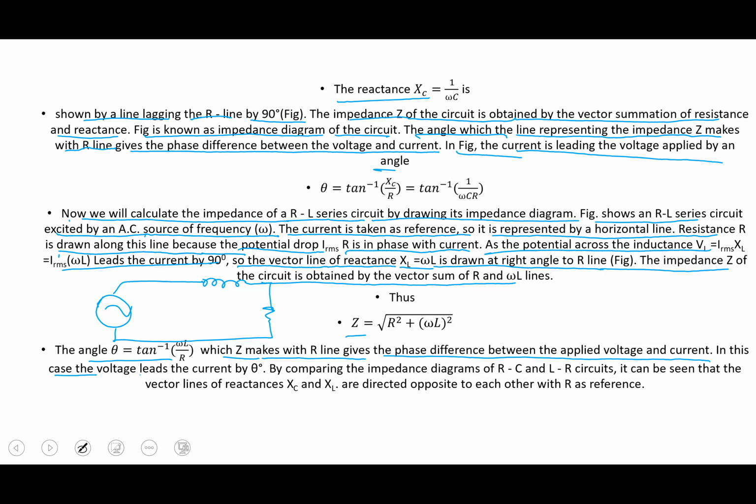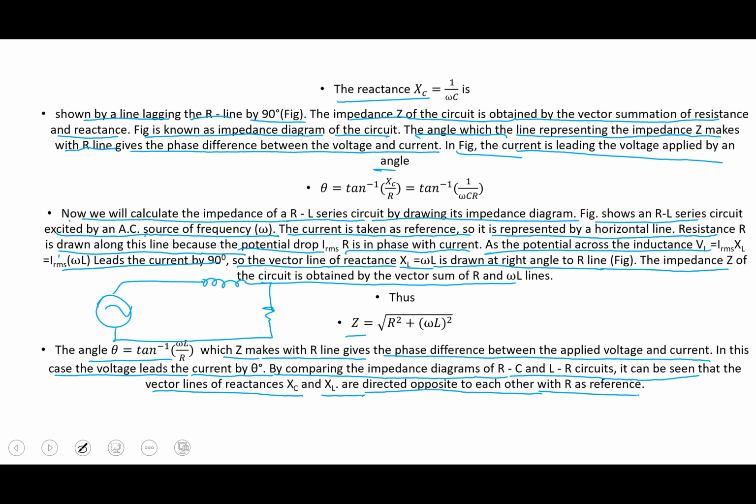In this case, the voltage leads the current by an angle of theta. By comparing the impedance of the RC and LR circuits, it can be seen that the vector lines of reactance XC and XL are directed opposite to each other with R as a reference point.